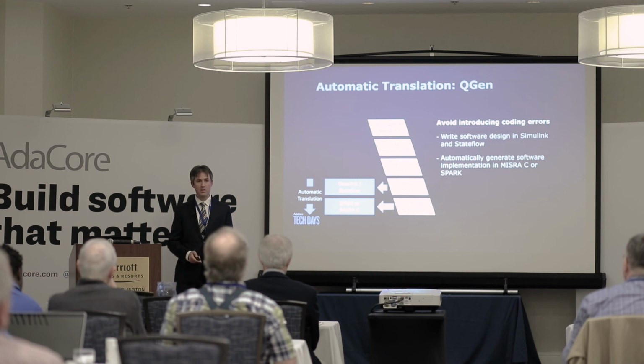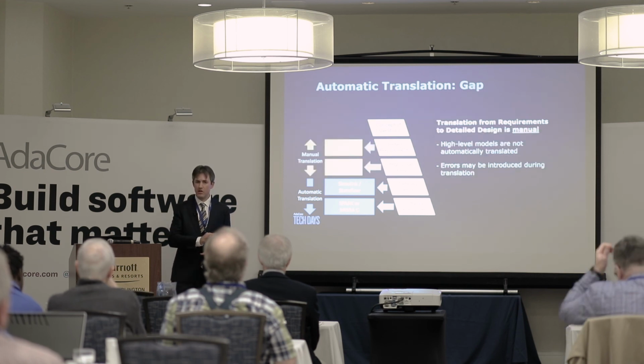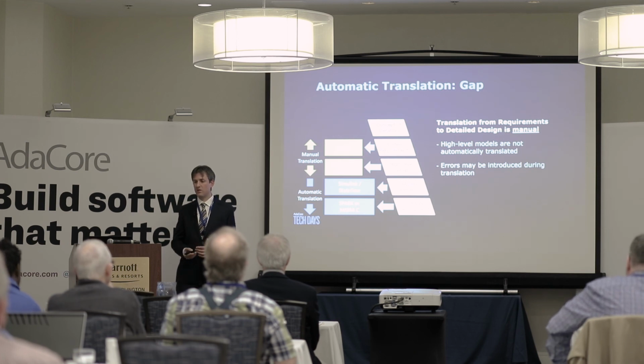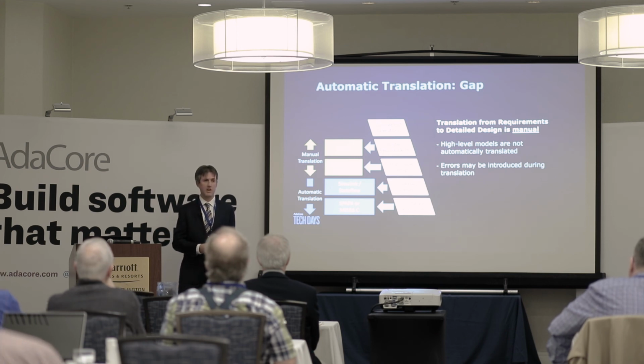This works really well at a low level, but if we look higher up the V to the level of system requirements or high-level design, there's a gap. The languages that are used for capturing requirements or high-level design don't currently have good automatic translators that can take us from those representations down to a representation like Simulink and Stateflow, where we can complete the translation.